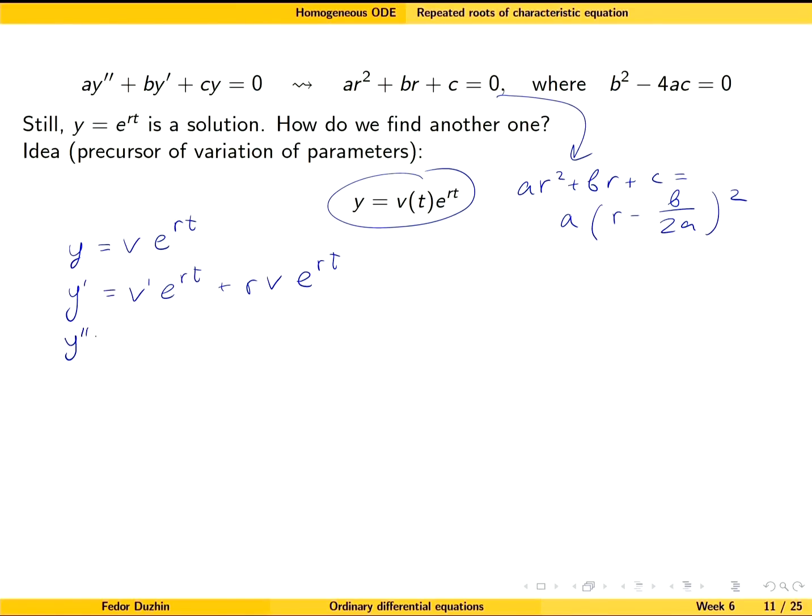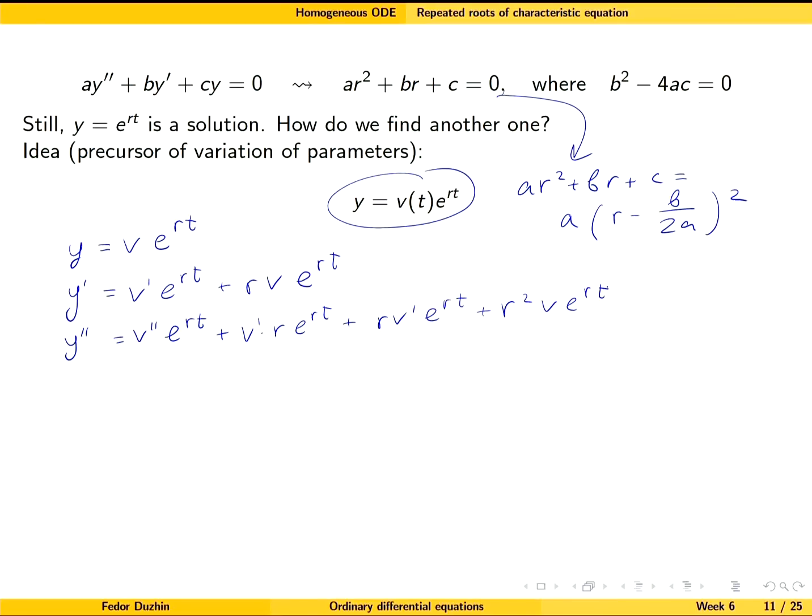So y double prime. Now I need to differentiate this again. So it is v double prime times e to the rt plus v prime times r e to the rt plus rv prime e to the rt plus r squared v e to the rt. Wow.